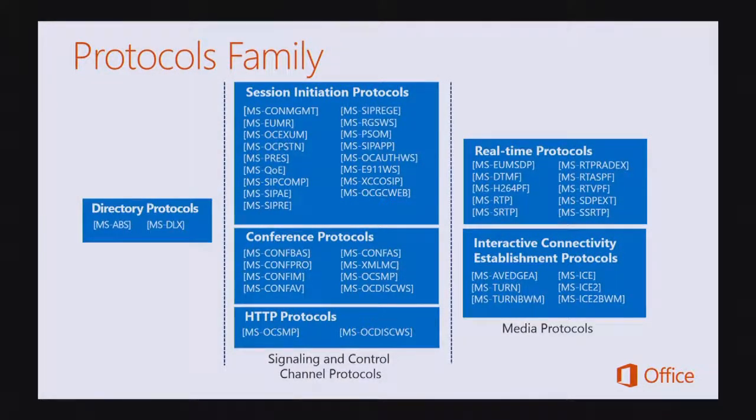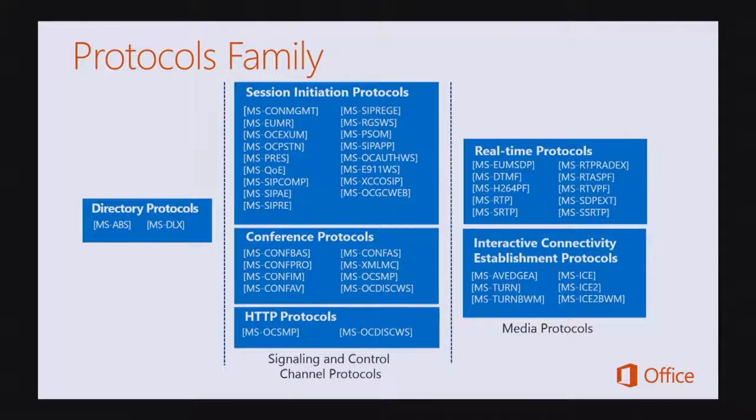So this is the protocol family for Lync. If you want to develop software so that users can join a conference meeting like this, what are the important parts? The first one is the users, right? The users who join the meeting. The second one is real-time data, like audio and video data.